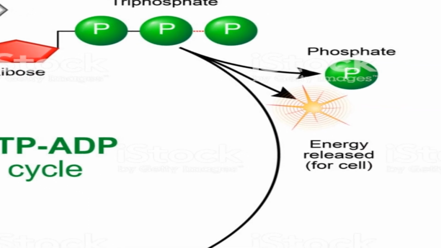Once it's broken down by water, one phosphate will be removed, and from that process, from the phosphoanhydride bond, energy will be released. From that, ADP will turn into ATP, then ATP will become ADP again, and so on and so forth. That's why it's called a never-ending cycle.